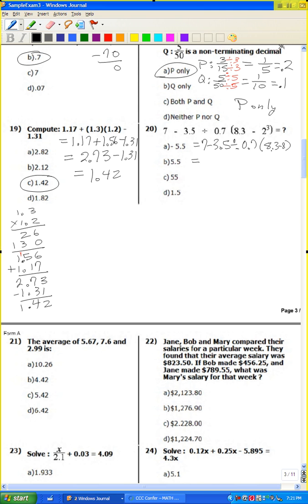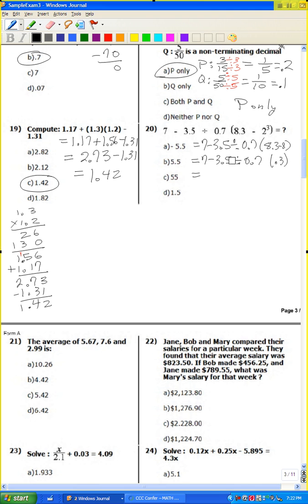Well, let me do again what's inside the parentheses. 8.3 minus 8 is 0.3. Next, I have here subtraction, division, multiplication. So division and multiplication have the same priority.